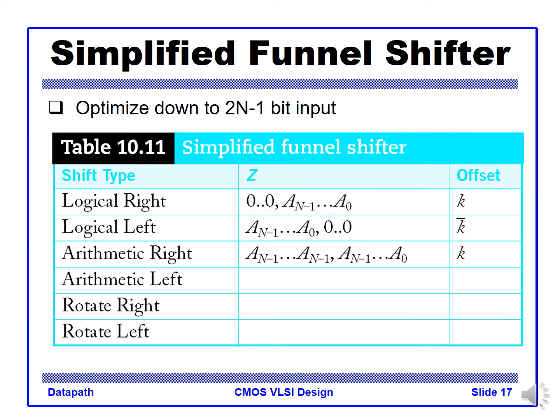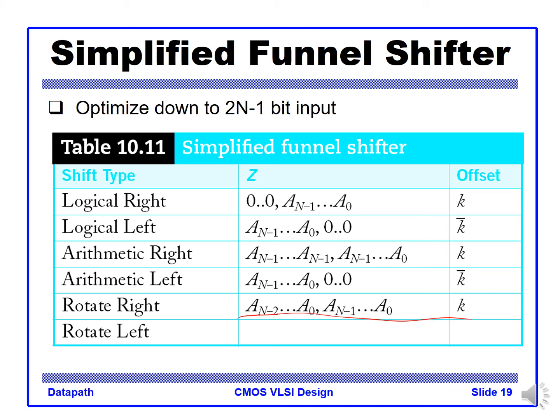For the other, arithmetic right, we extend the bit by n minus 1 bits. This is n bit, right? The offset is the input. In the other case, the offset is just the inversion of the input, right? Optimize. So we can optimize this operation.